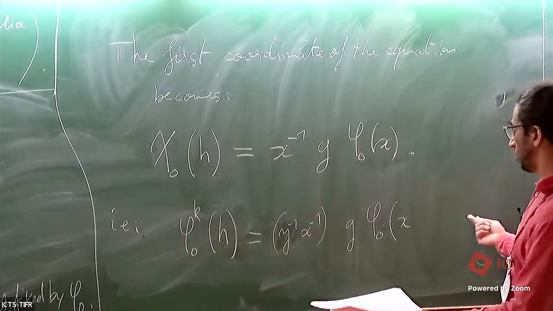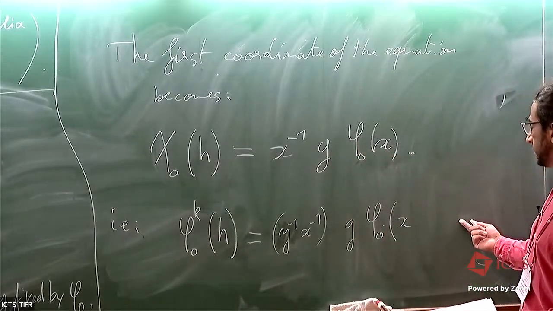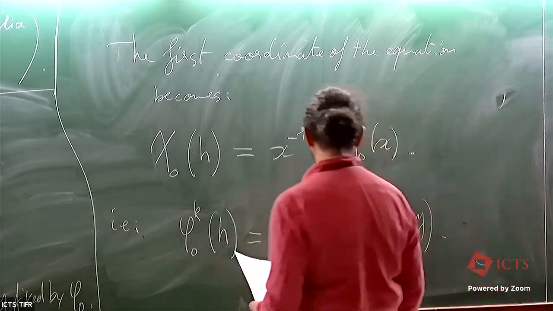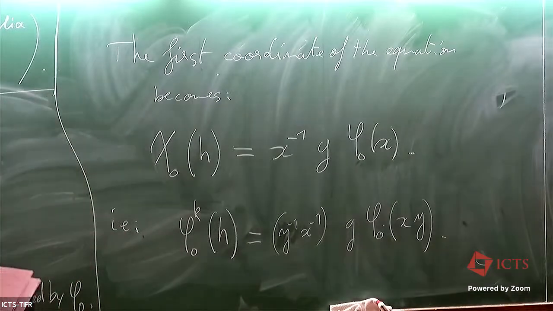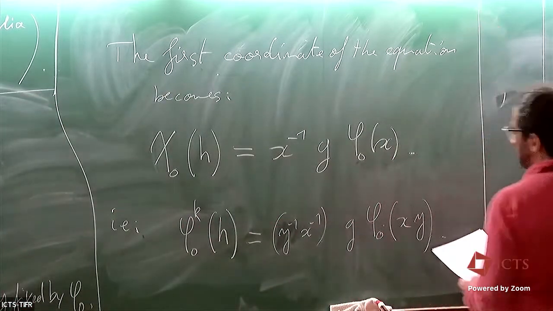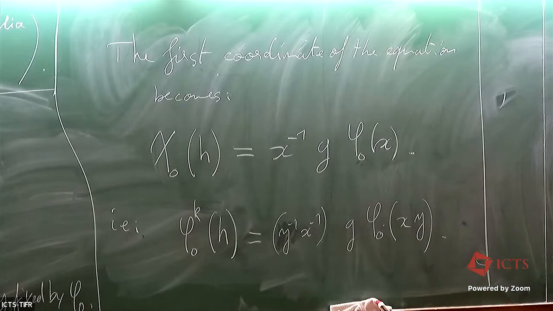I made the y go here, and because it's fixed by phi 0, it goes inside the parentheses. So now let's rewrite once again. Sorry, it's almost the last time that I rewrite this equation.